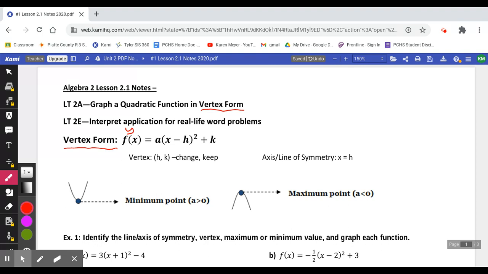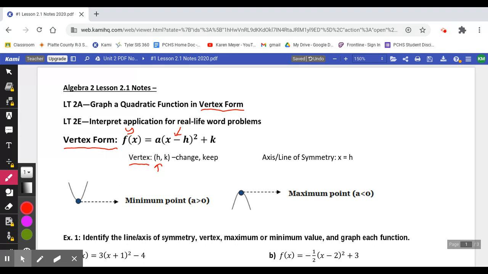Now we call it vertex form because you should be able to just pick the vertex right out of the equation. So the vertex is found by (h, k). Hopefully you notice that h in the form is a negative, but when we came down here next to vertex, I wrote it as a positive h.